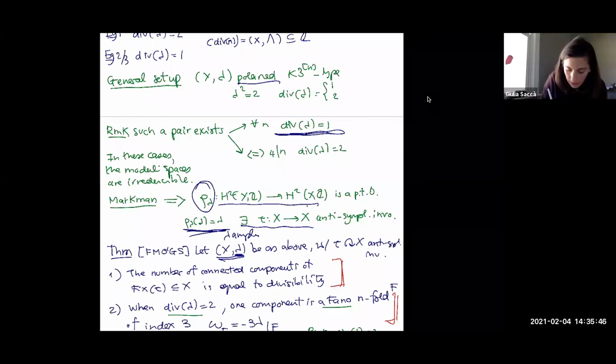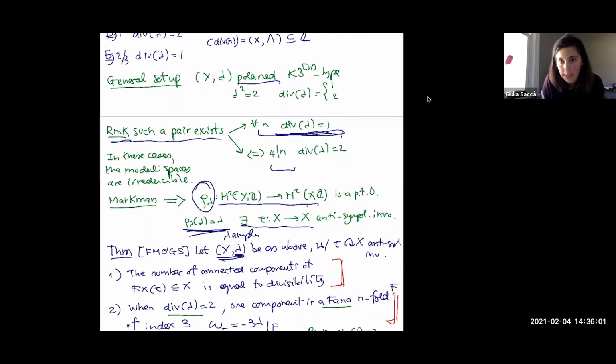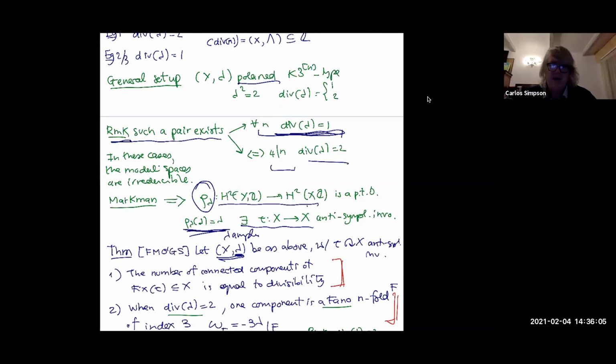So I think, if I understand your question, this is what this remark was doing. It was saying that these exist for any n in the divisibility one case, and if and only if 4 divides n in the divisibility 2 case. Was that your question? I think it is, but what I'm vaguely trying to wonder about is whether you would have this as a kind of long-term program.